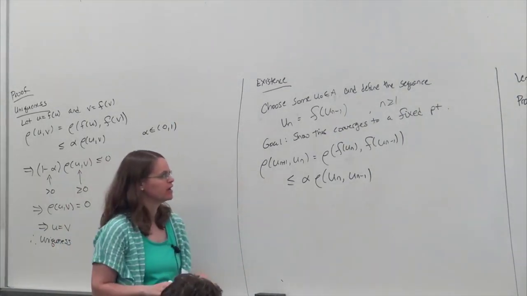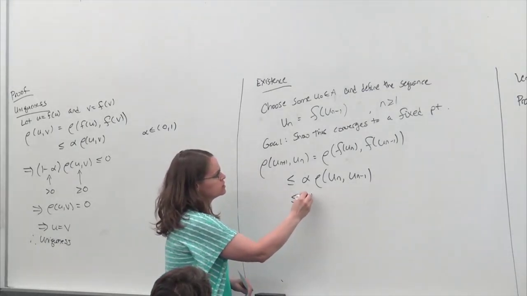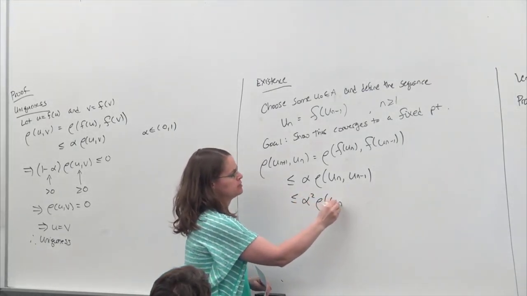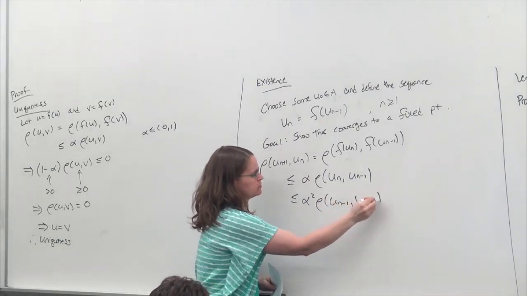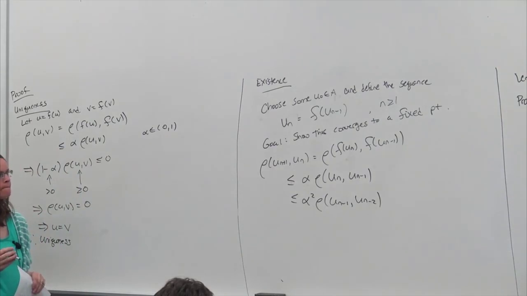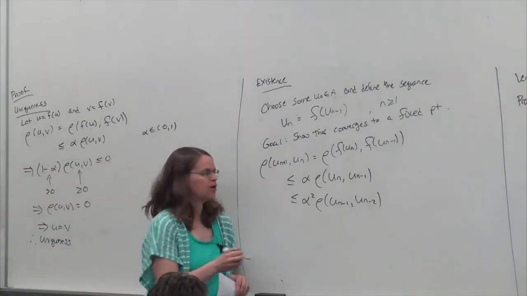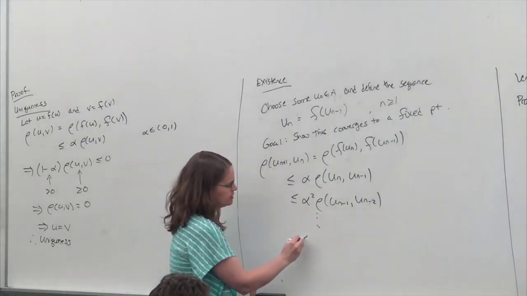So this isn't good enough yet. We need to tighten this up. I could certainly carry this back another step. In fact, I could keep carrying it back n steps.